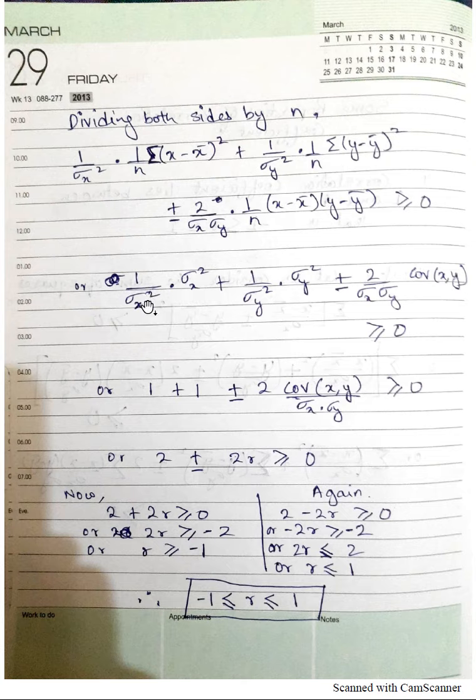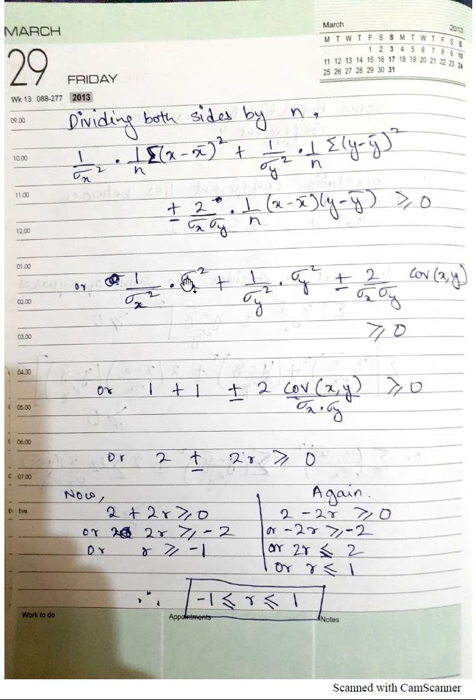So 1 by sigma square x into variance of x, which can be written as sigma square x, plus 1 by sigma square y into variance of y, which can be written as sigma square y, plus minus 2 divided by sigma x sigma y into covariance of x and y is greater than or equal to 0.